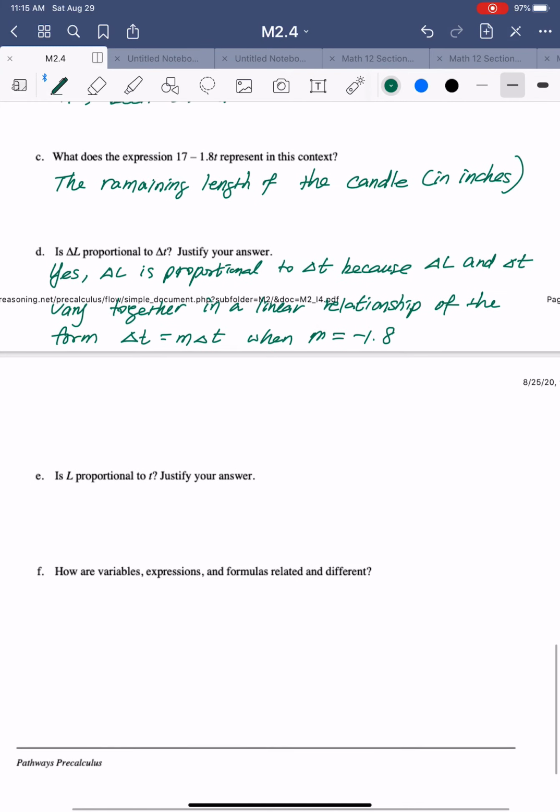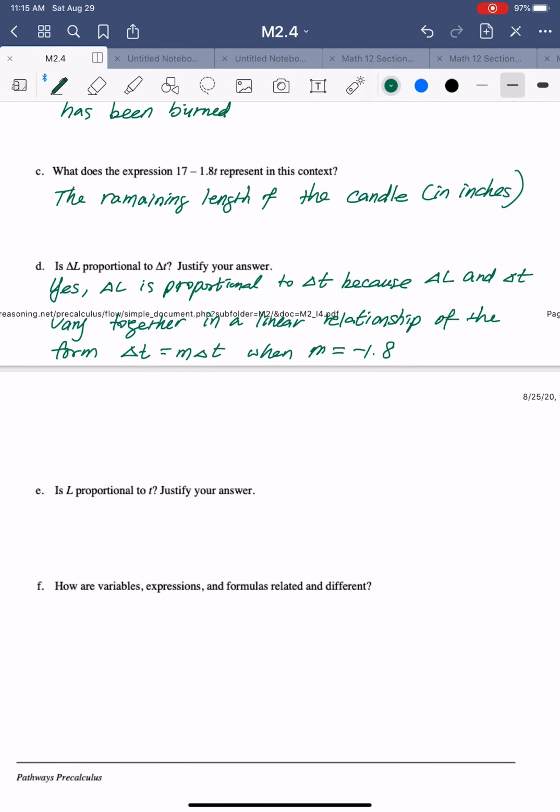Now, the question is, is L proportional to T? I want to say no for this one, because L is not proportional to T this time.